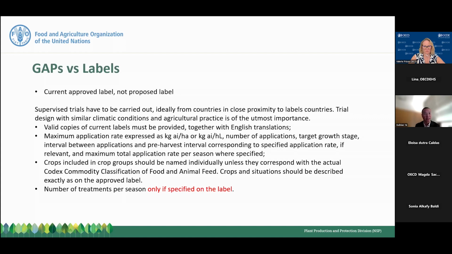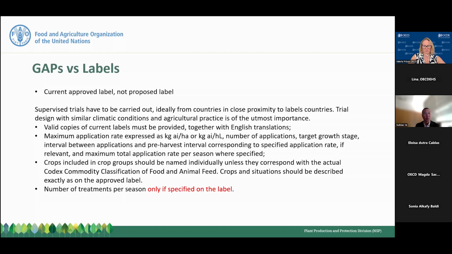And the supervised trial has to be carried out ideally in the country identical to the label country, and a trial design with similar climate conditions and agricultural practice is very, very important from the evaluation point of view.